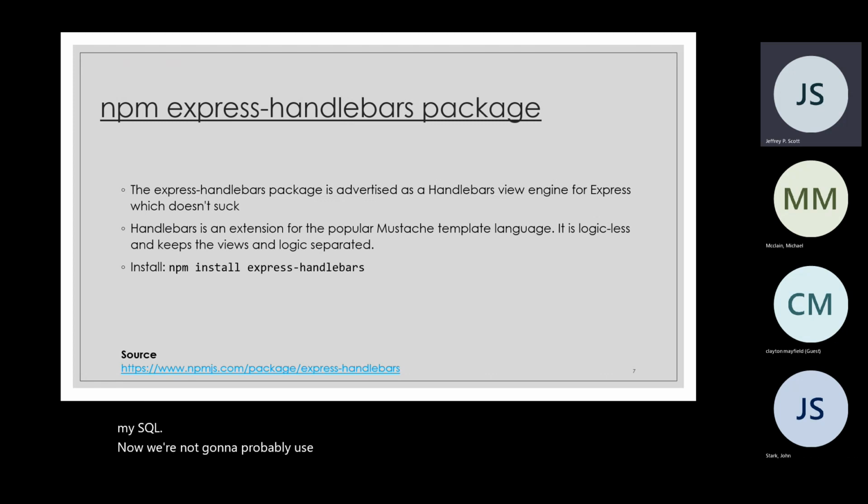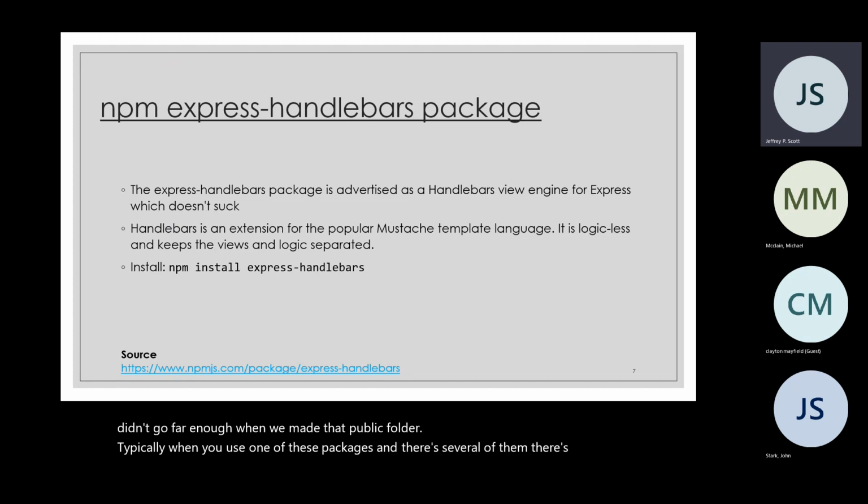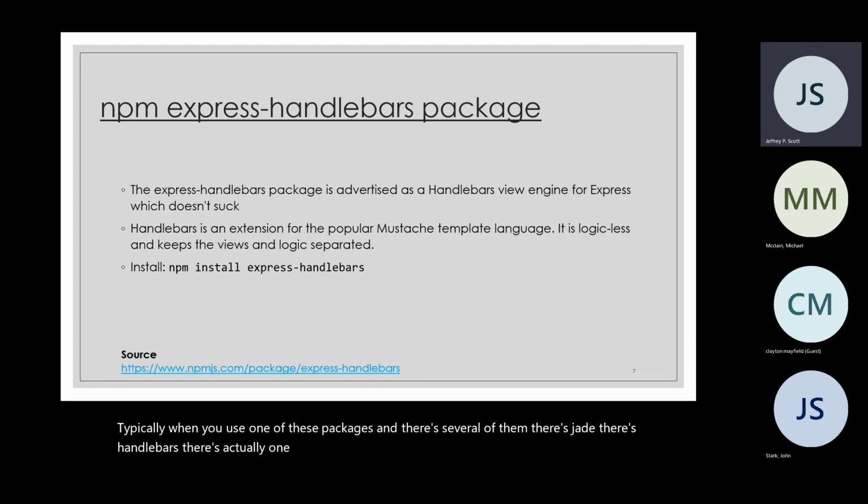We'll probably use EJS. If you remember, one of the things that I showed you yesterday was we made that public folder. Well, we actually didn't go far enough when we made that public folder. Typically, when you use one of these packages, and there's several of them, there's Jade, there's Handlebars, there's actually one called Mustache, but EJS is extended JavaScript.